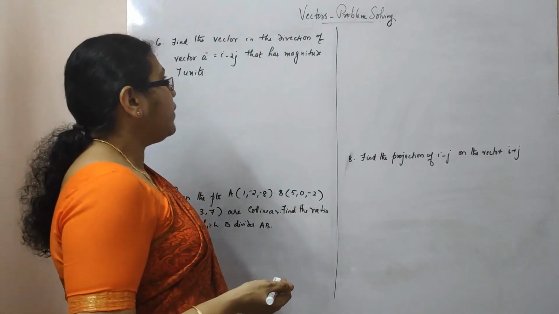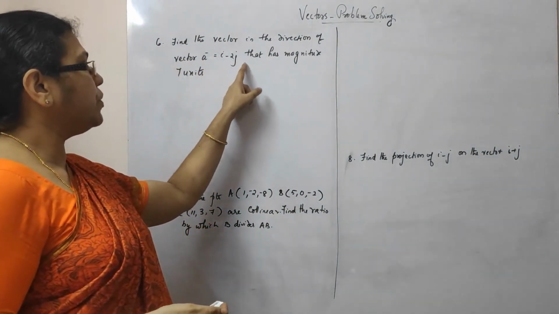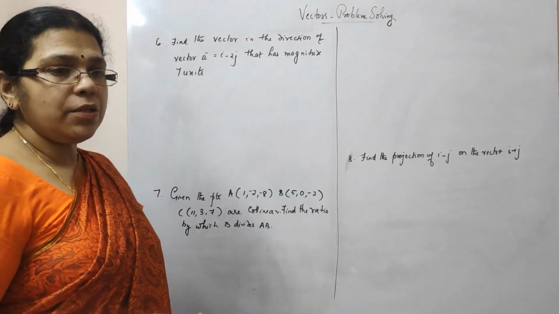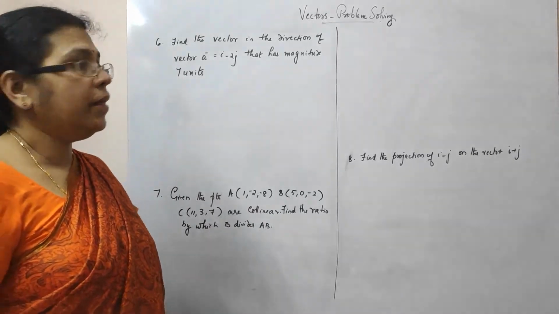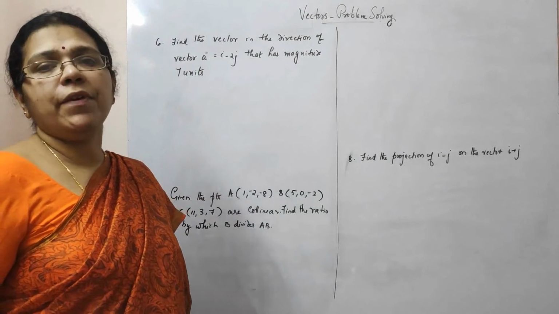That is, find a vector in the direction of the vector A equal to i minus 2j that has magnitude 7 units. So we are asked to find a vector whose magnitude is 7 units. How will we find that?